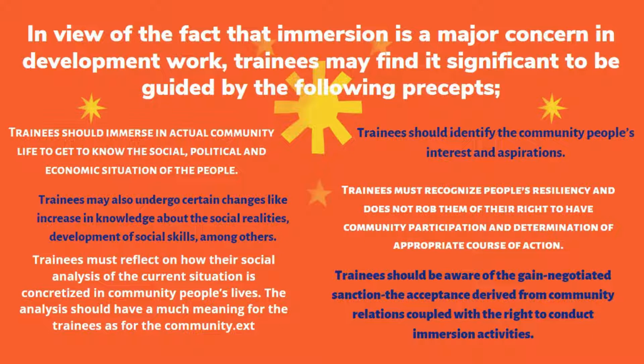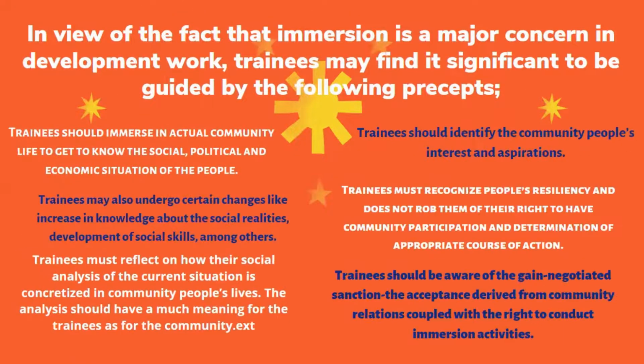Trainees should be aware of the gained negotiated sanction, the acceptance derived from community relations, coupled with the right to conduct immersion activities. They must reflect on how their social analysis of the current situation is concretized in community people's lives. The trainees may also undergo certain changes like increase in knowledge about the social realities, development of social skills, among others.